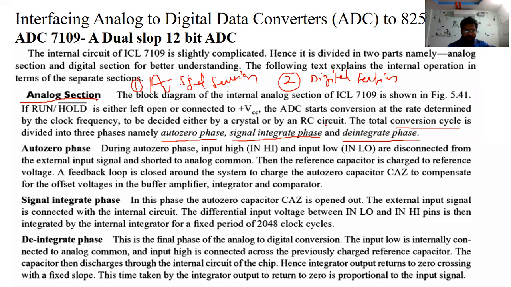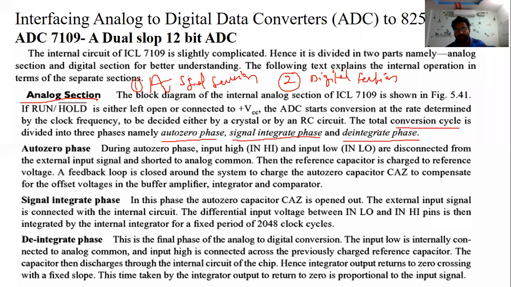As you can now see, these different sections, you have three different types of sections here: auto zero phase, signal integrate phase, as well as de-integrate phase.